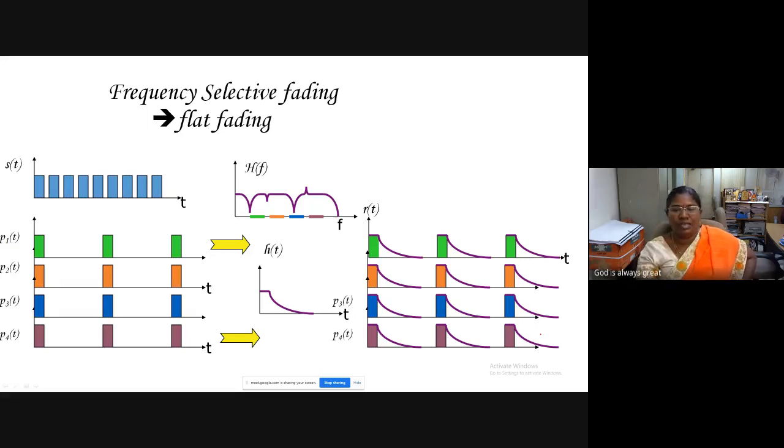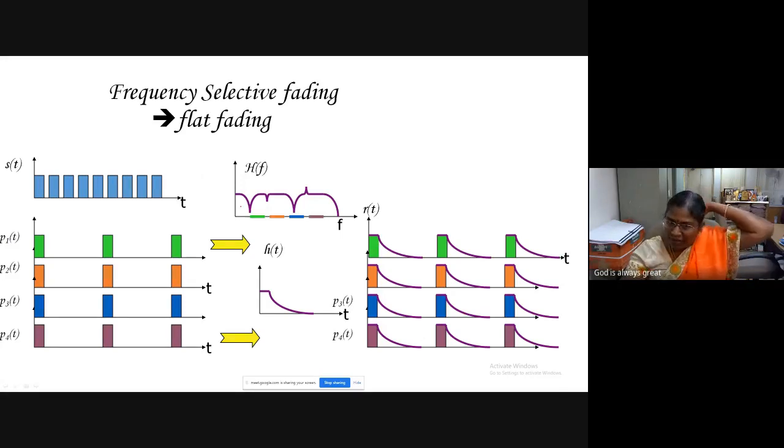In OFDM, there are a few changes. We convert the high data rate into low-speed data streams by applying serial to parallel converters. The use of serial to parallel converters is that they convert the frequency selective fading channel to flat fading channels.